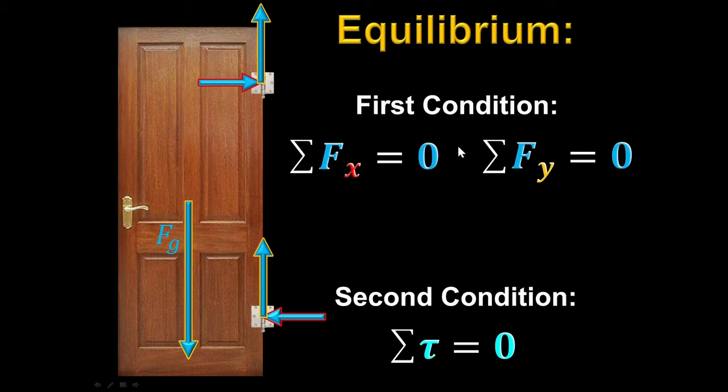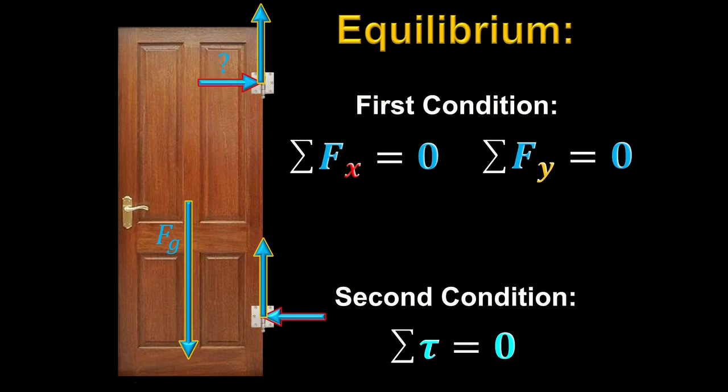And we see from the first condition of equilibrium that the sum of the forces in the x direction also equals 0. This is a positive force to the right. This is a negative force to the left. Those are the only forces in the horizontal direction, so they add to 0. And so if I find out what this one is, this one would be the same. But I'd like to go ahead and find out what that one is once I have some numbers to work with.